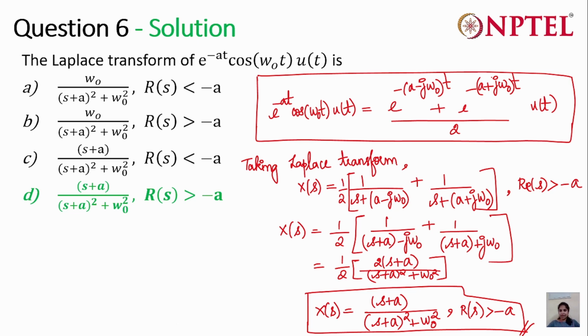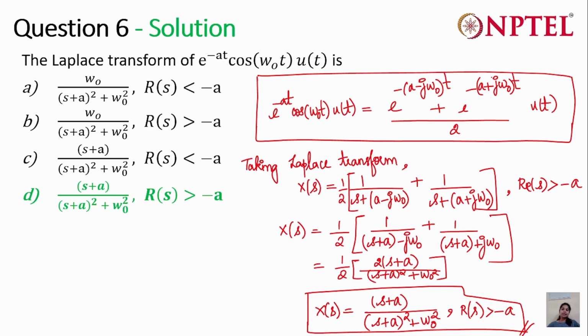So when I have e power minus at, basically it's the same thing. Here instead of e power j omega naught t, you will have e power minus a minus j omega naught t plus e power minus a plus j omega naught t by 2 into u of t. Same Laplace transform, if you write and solve, we will get s plus a by s plus a the whole square plus omega naught square.